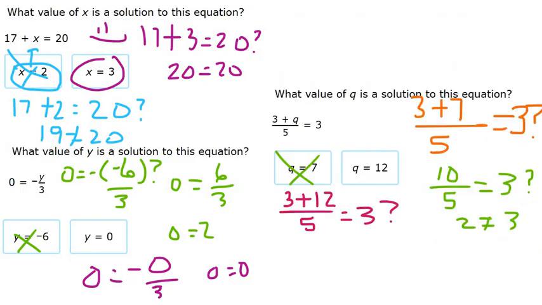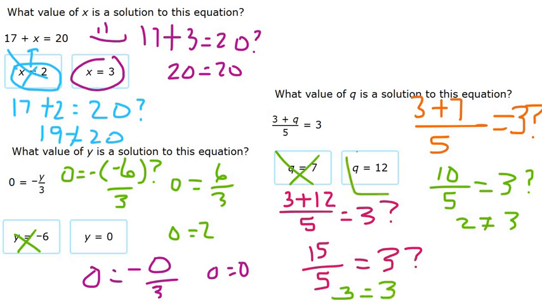Well, 3 plus 12 is 15, so we have 15 over 5. Does that equal 3? Well, 15 divided by 5 is 3. So that does check out. So q equals 12 would be correct.